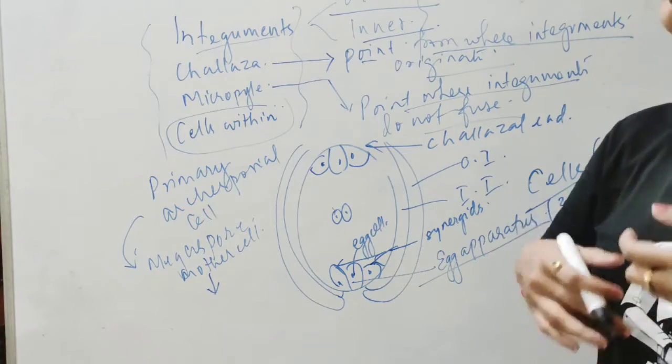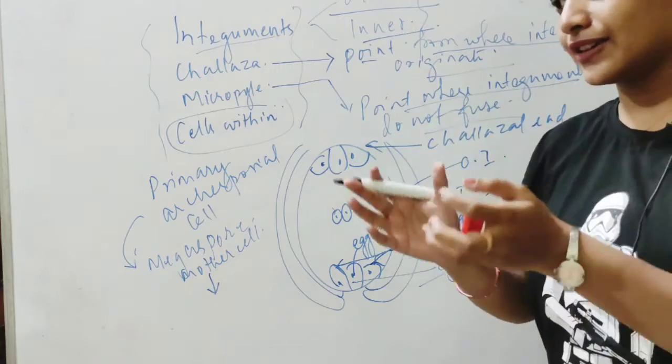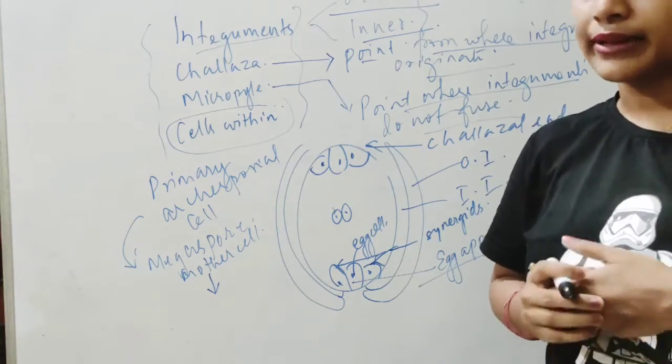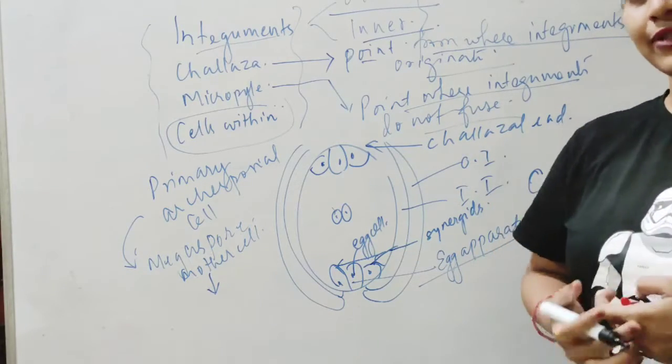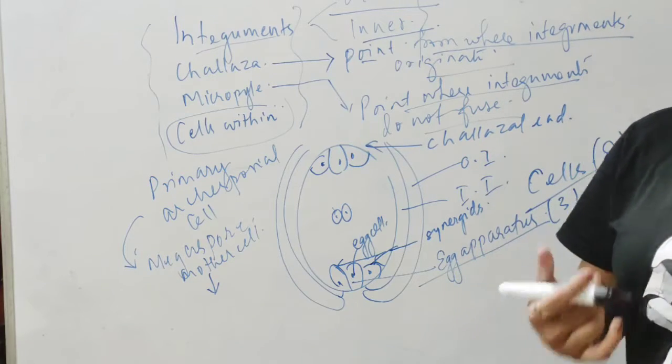Why? Because they support the egg cell during the entire phase of nourishment until pollination and fertilization take place. So these synergids gradually degrade. We will see exactly when they degrade when we cover the topic of fertilization.